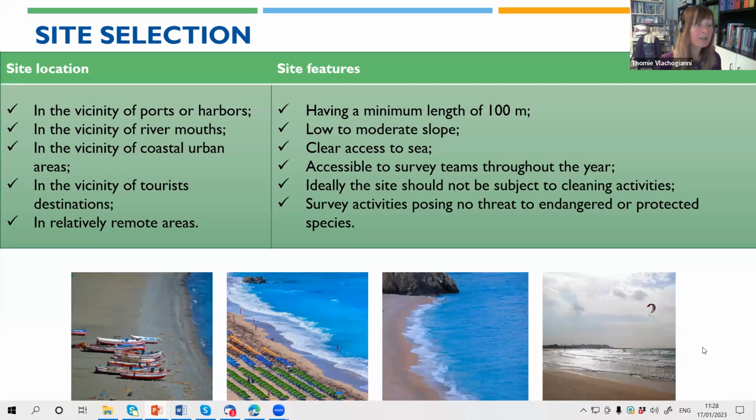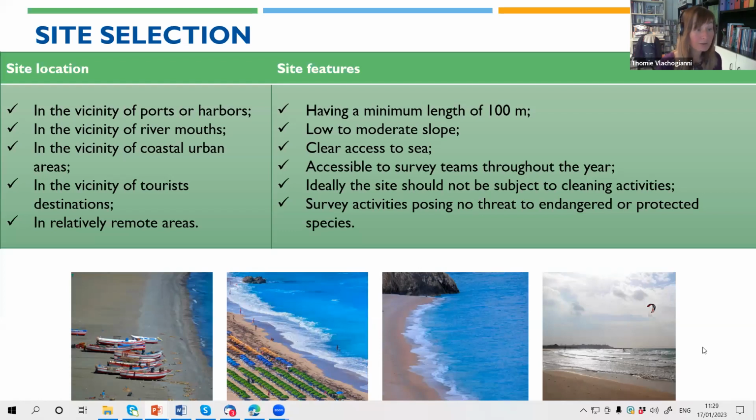And in order to generate comparable and reliable data, these different sites need to be characterized by specific features. For example, the beaches need to have a minimum length of 100 meters, a low or moderate slope, a clear access to the sea, be accessible to survey teams throughout the year, and ideally not be subject to cleaning activities, even though there are ways to overcome this.